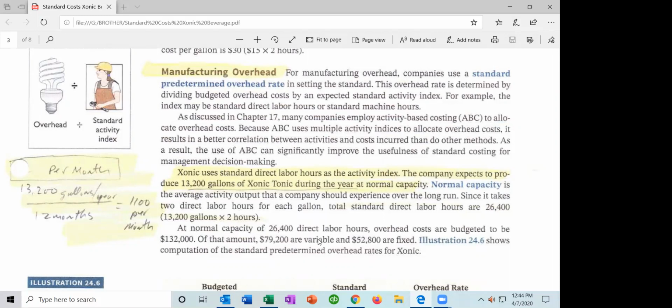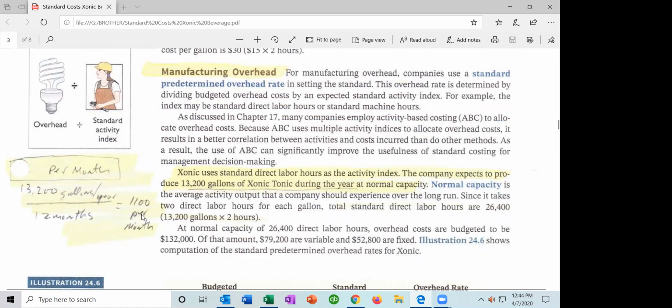Goes on to say normal capacity is the average activity output that a company should experience over the long run. Since it takes 2 direct labor hours for each gallon, total standard direct labor hours are 26,400. So they just gave you the denominator value, the bottom number in calculating the predetermined overhead rate.